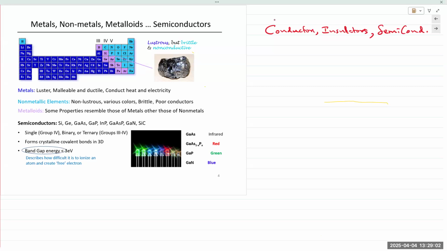In metals, the electrons are loosely bound to the nucleus, so they are free to move around. And when electrons move, charge is moving. And when charges move, we say current is flowing in a circuit. So metals are good conductors of electricity, hence conductors.